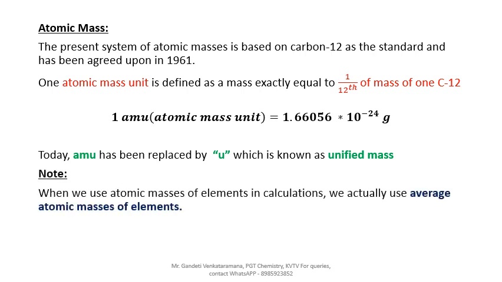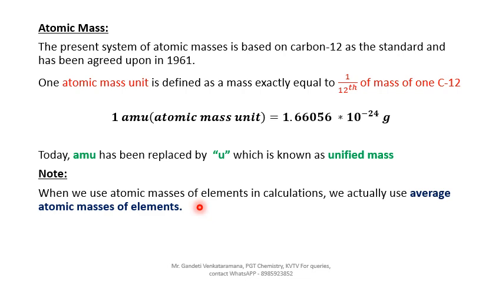Note: when we use atomic masses of elements in calculations, we actually use average atomic masses of the elements. Whatever further calculations we are going to do, generally average atomic masses are used. So what is average atomic mass, we will discuss later.